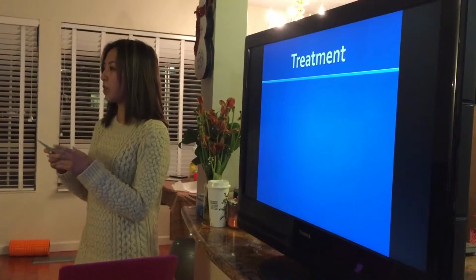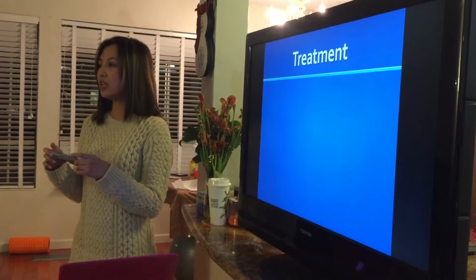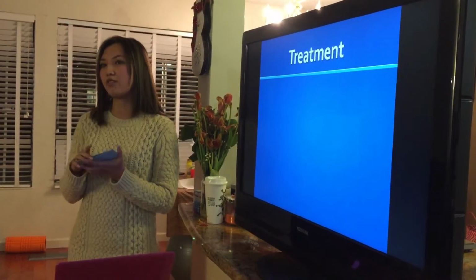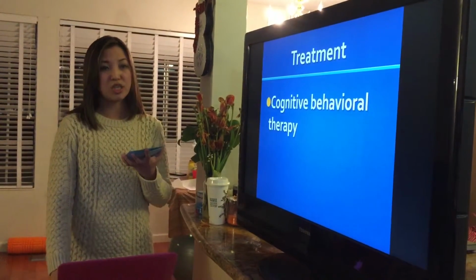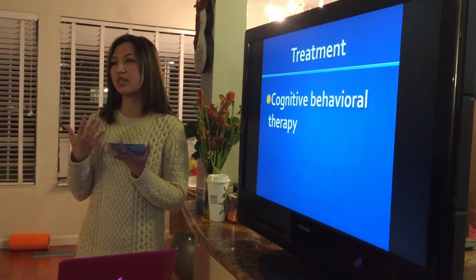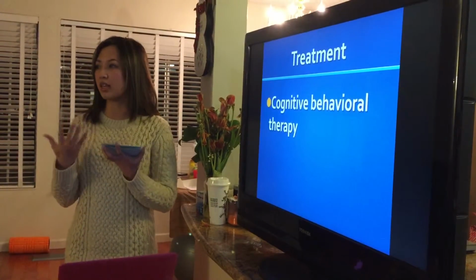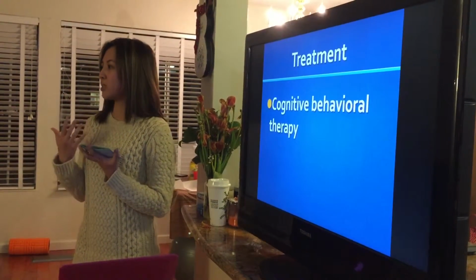How is obsessive compulsive disorder treated? According to the American Psychiatric Association, cognitive behavioral therapy, which includes exposure response prevention, helps by giving the individual with this disorder tools and techniques that will help to manage their obsessions.